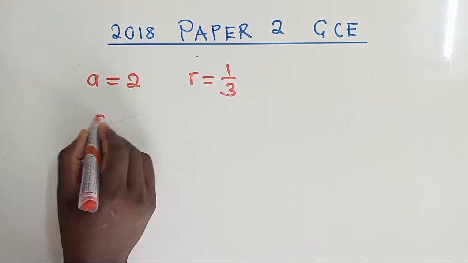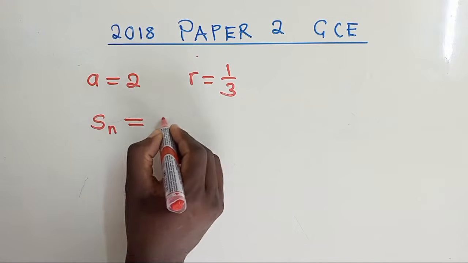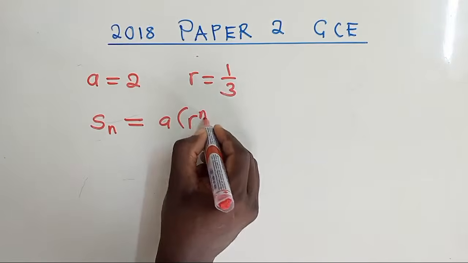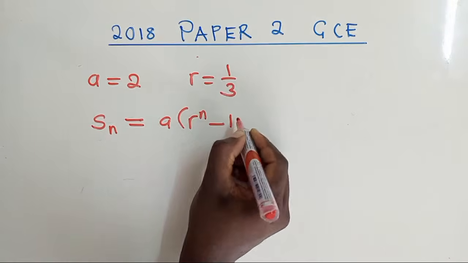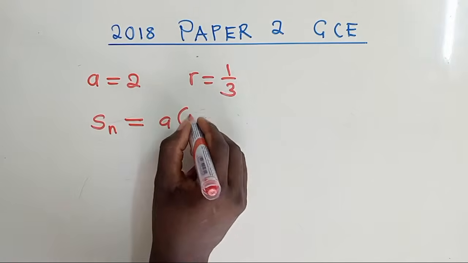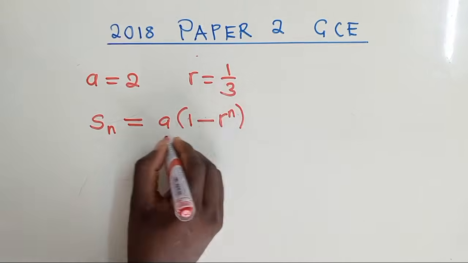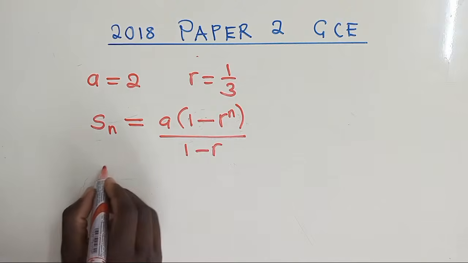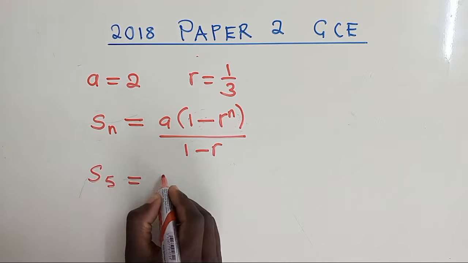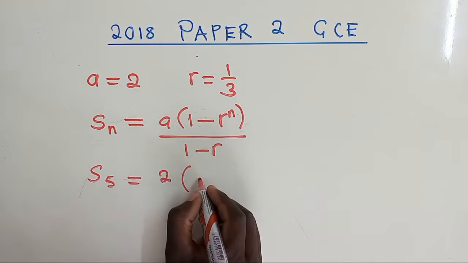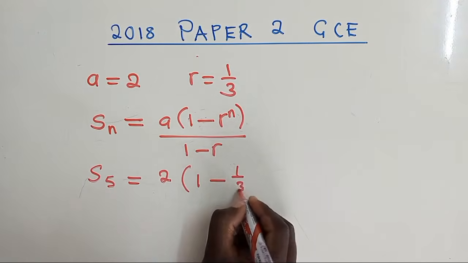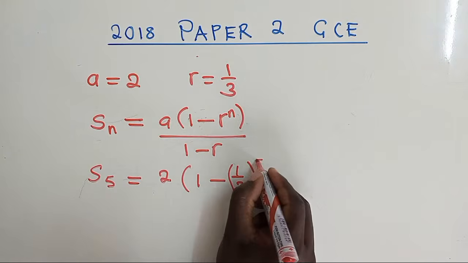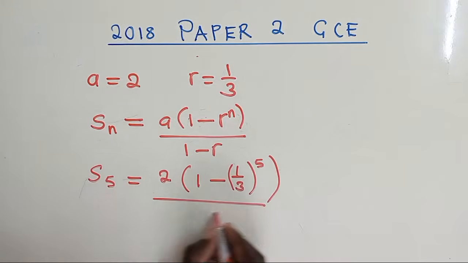terms, we shall write the formula for the sum, which is right here. After writing the formula, you say the sum of the first 5 is equal to A, which is 2, times 1 minus (1/3) to the power 5, over 1 minus 1/3.